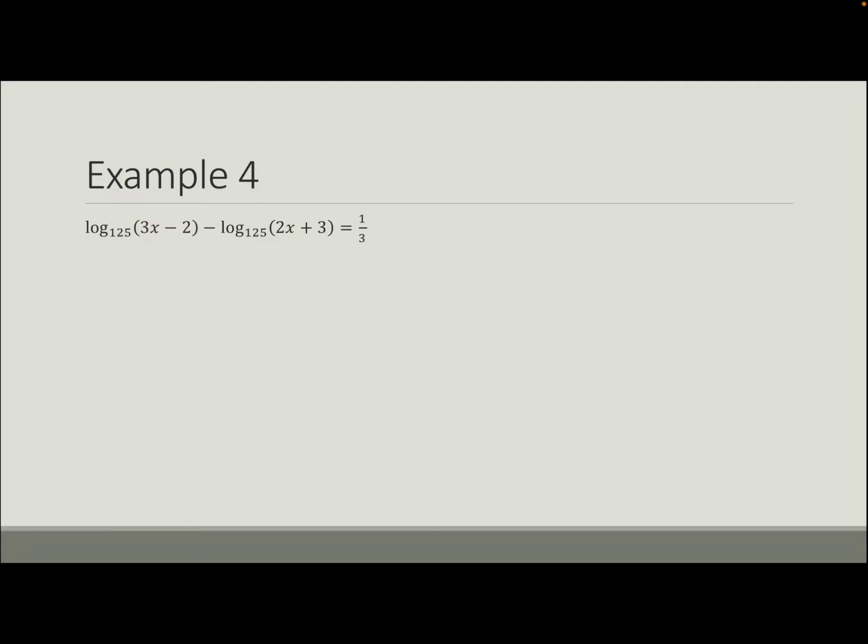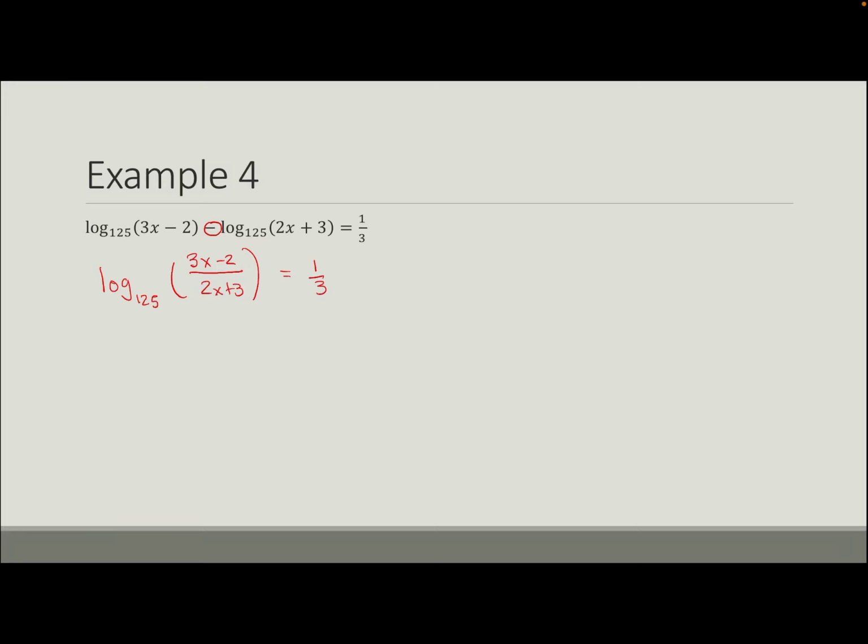For example 4, we have log base 125. You can read the rest. All right, so now in this case, we're going to end up with a logarithm just on the left. So we're going to get log base 125. And since we are subtracting two logarithms, that means we divide these inputs. So that's going to be 3x minus 2 divided by 2x plus 3 equals 1/3.